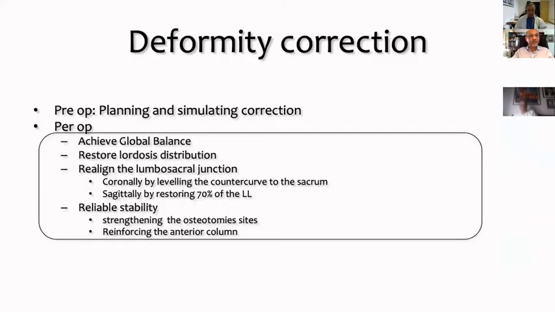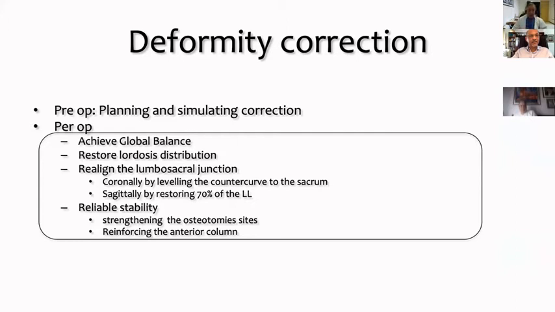So when it comes to planning a correction, I think it's mandatory to have a virtual planning first and simulate your correction. This is very important. It's all about strategy, not about tools.